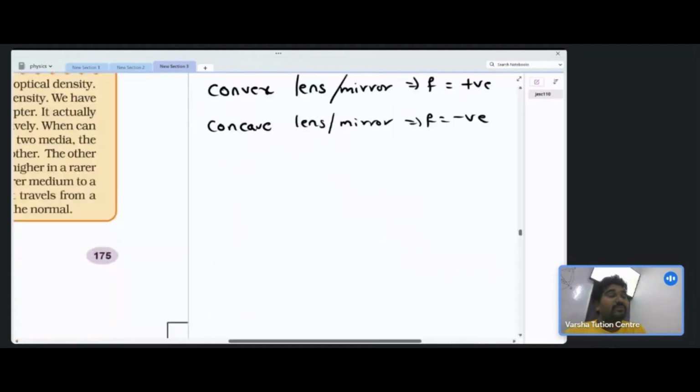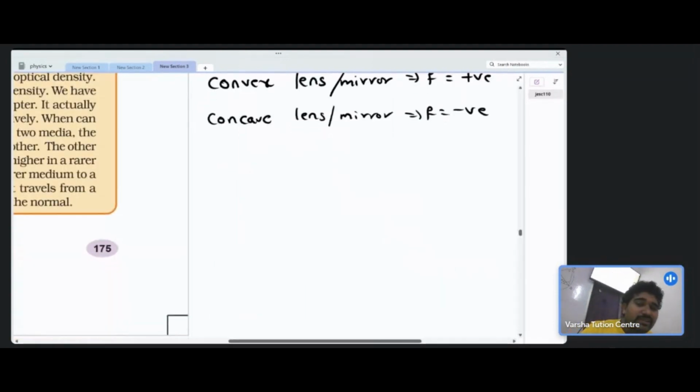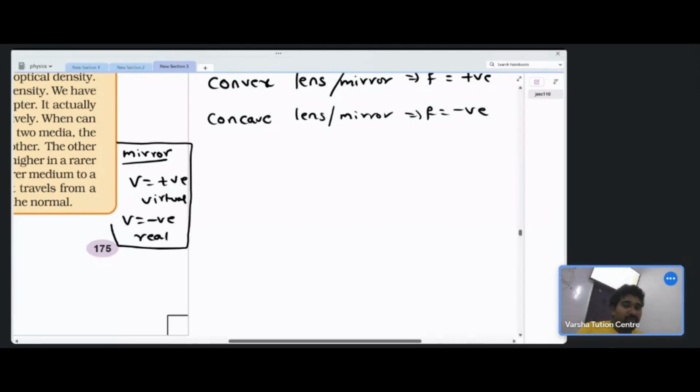We told in mirrors, talk about the mirror for one second. In a mirror, if V is positive, is it real or virtual? If V is positive, we said it is virtual. Correct? If V is negative, we said it is real. Keep this in mind for the mirror. But in a lens, if V is positive, it is a real image.